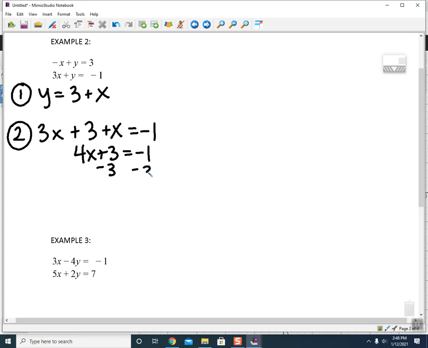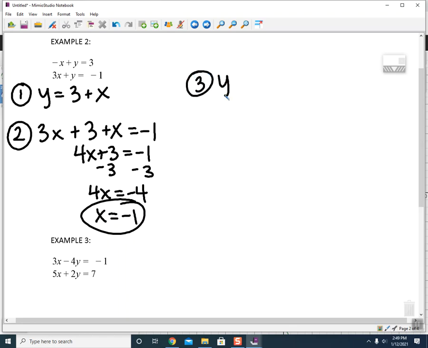Subtract 3 from both sides, I get 4x equals negative 4. X equals negative 1. That's step 2. Step 3 is I'm going to plug it back into the original equation. So y equals 3 minus 1, y equals 2.